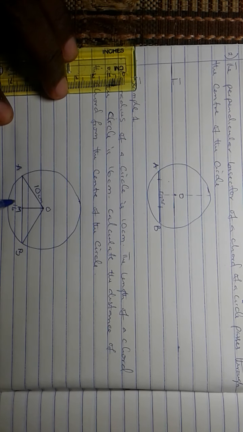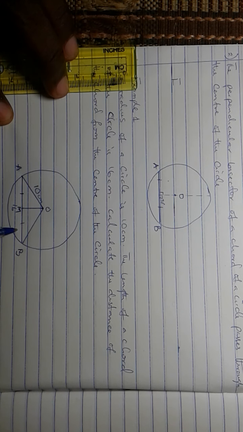We're talking about a line that bisects the chord, so here is equally bisected.